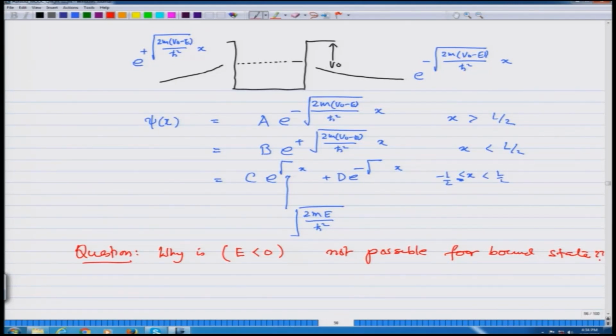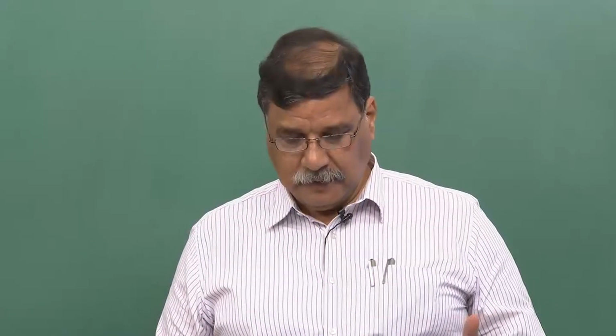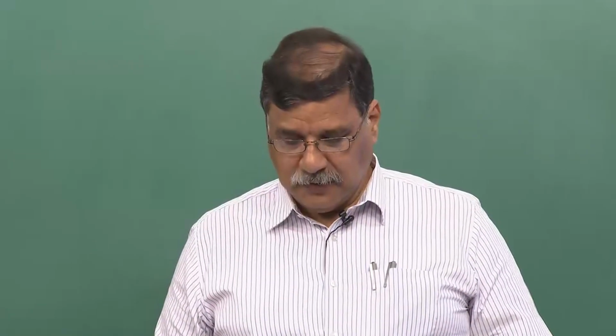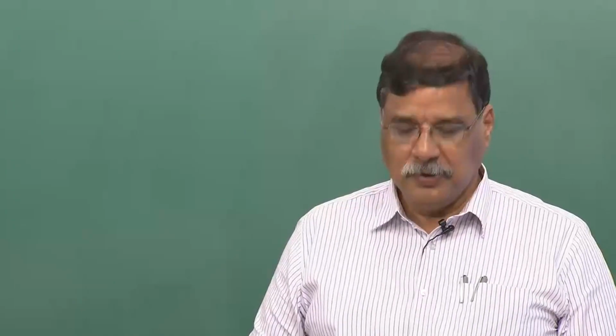After all, you could have that. Why can't I have that? And this question I will let you answer for yourself. In a simple way, if E is less than 0, you would not be able to satisfy certain conditions. So, I leave that for you to think about.